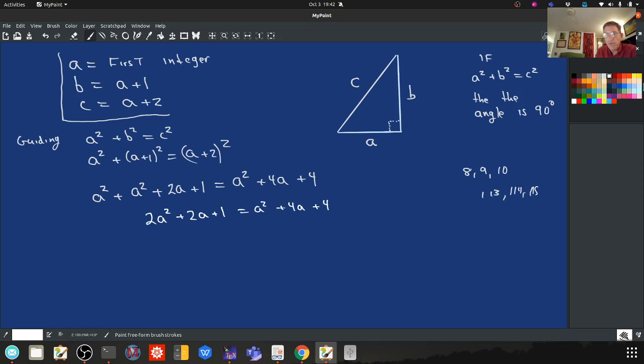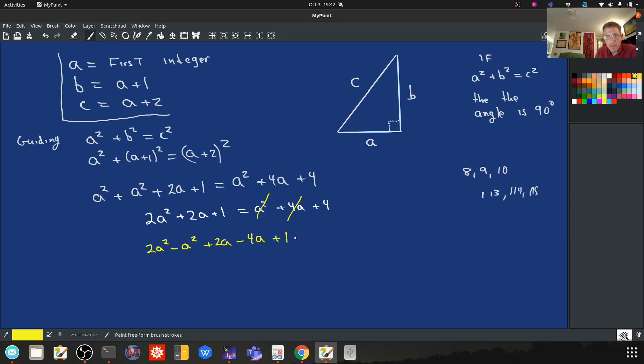So I've simplified both sides, so now I have to put them in standard form. I'm going to move my A squared term over, and it becomes minus A squared. Then I'm going to move my 4A over, and it becomes minus 4A.